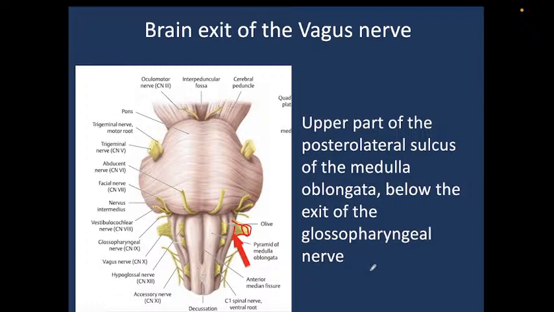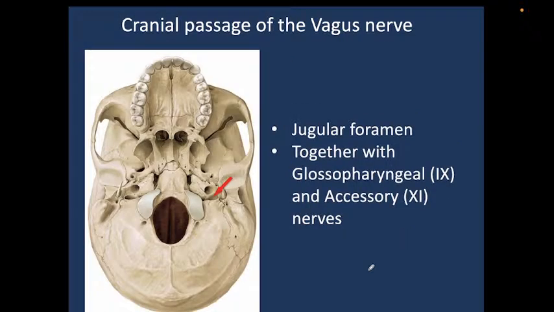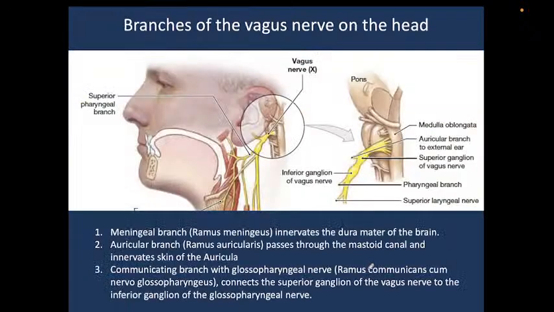Its nuclei are located in the medulla oblongata. The cranial passage of the vagus nerve is the same as for the glossopharyngeal and accessory nerves, and it is the jugular foramen.